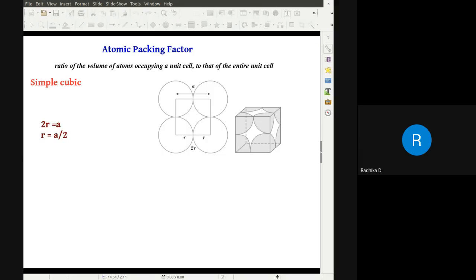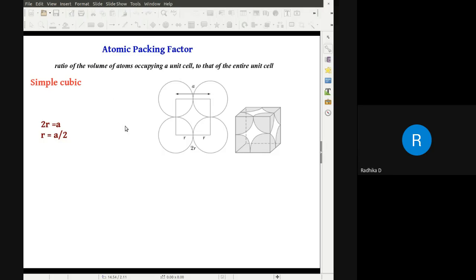The same way, how many atoms are there? How much portion of the crystal system or the cubic system is being occupied by the atoms? It is defined in this way: ratio of the volume of atoms occupying a unit cell to that of the entire unit cell.